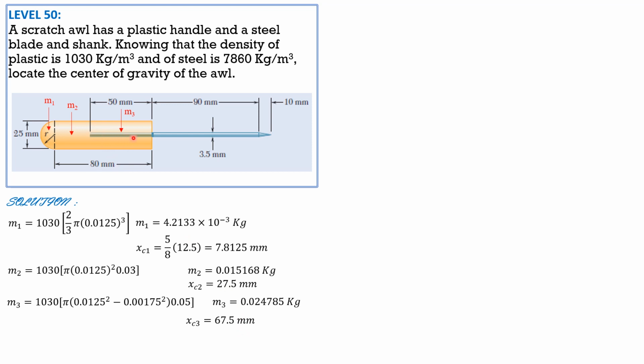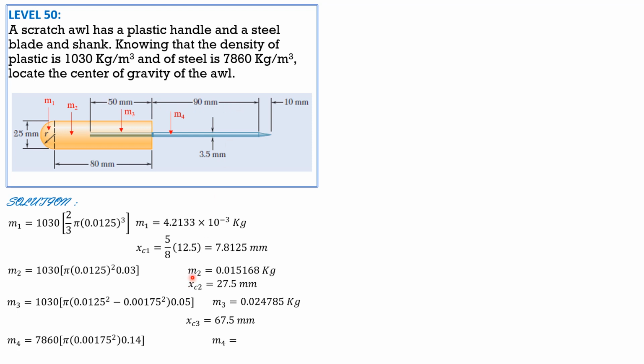M4 would be the mass of this entire cylindrical steel metal. The length is 140 mm or 0.14 meter. The radius is 0.00175 meter again. And the density is 7860. So 7860 times pi times 0.00175 squared times 0.14, the length.